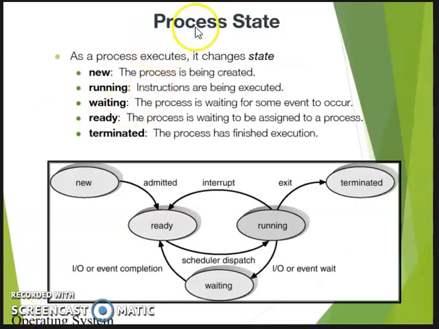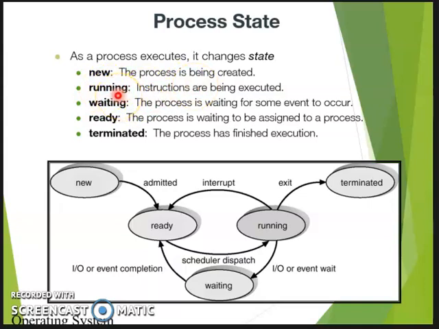The next is process state. As the process executes, it changes its state often. There are 5 states available: a new state, running state, waiting state, ready state, and terminated state. What is a new state? The process being created is called the new state.